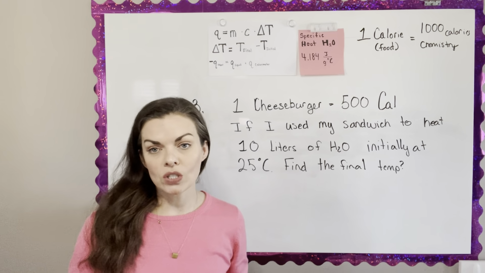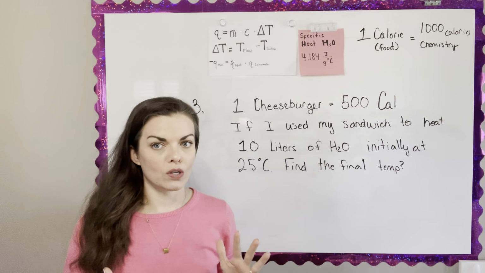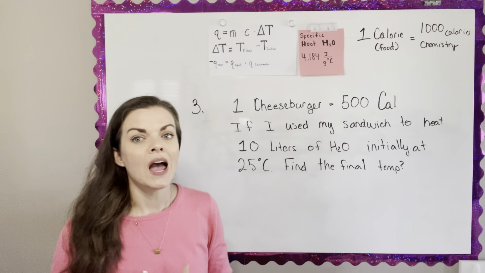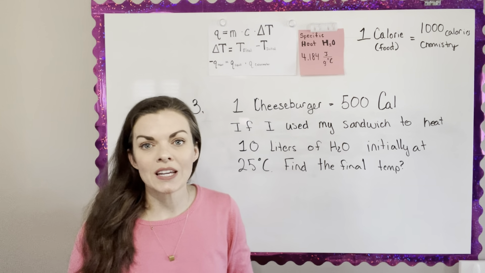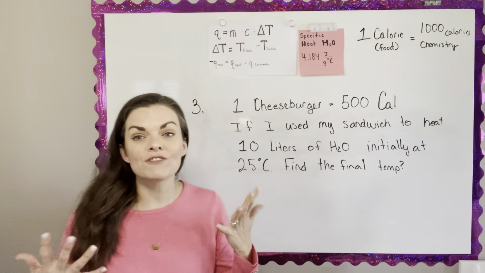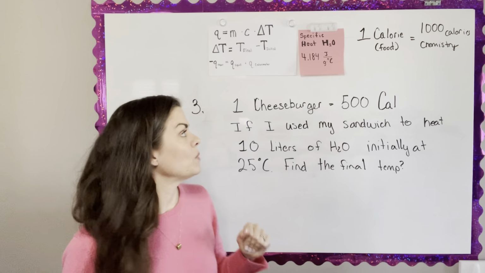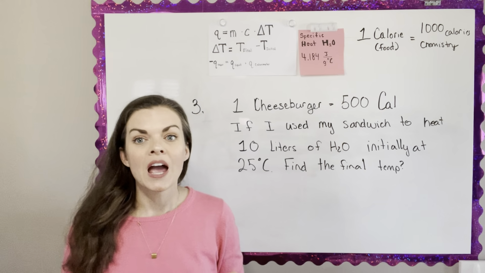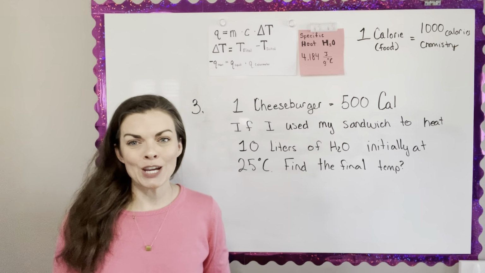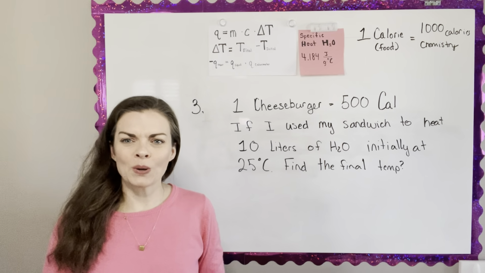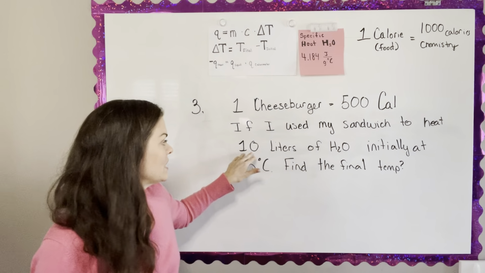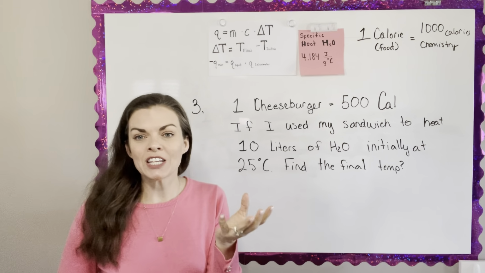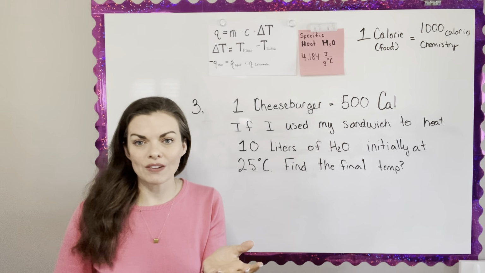So let's look at question number 3. This is one of the weirdest questions in this book. The book says you go to McDonald's and get a quarter pounder with cheese hamburger, and it has about 500 capital C Calories, or food calories, in that hamburger. Then you're going to be burning it under 10 liters of water, which is at an initial temperature of 25 degrees Celsius.